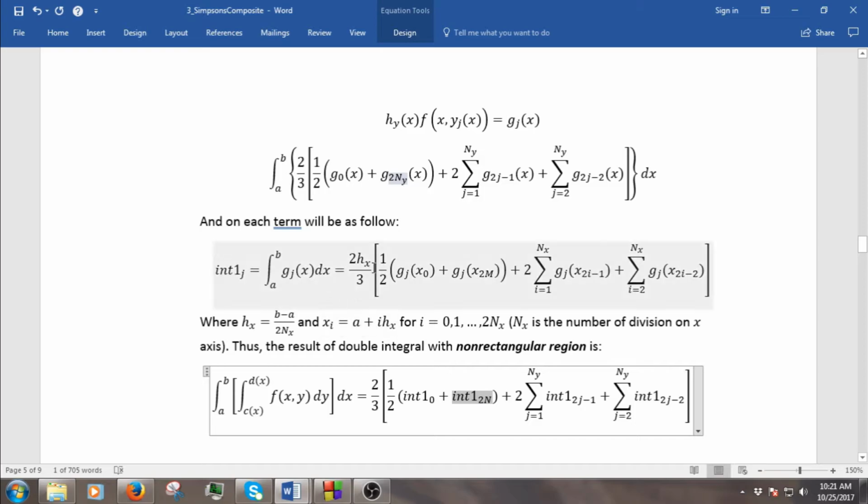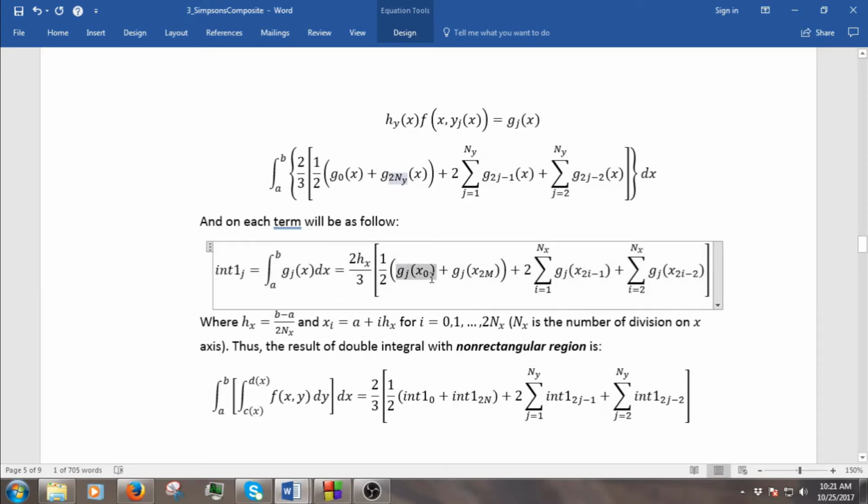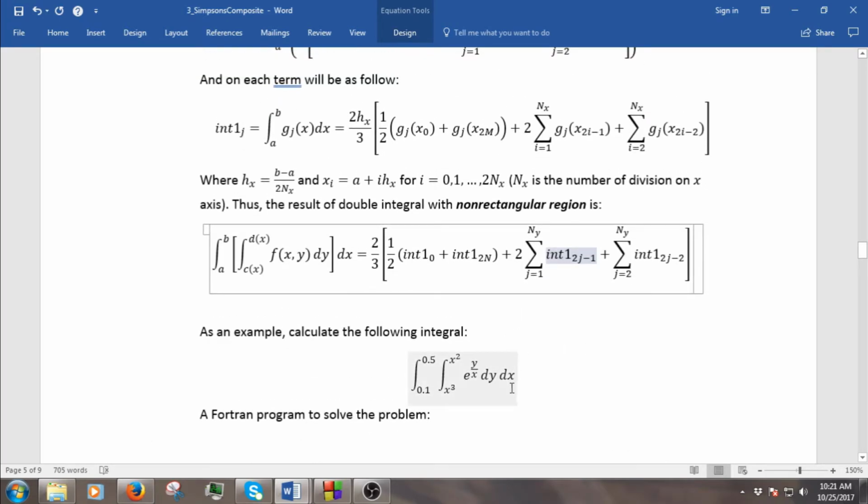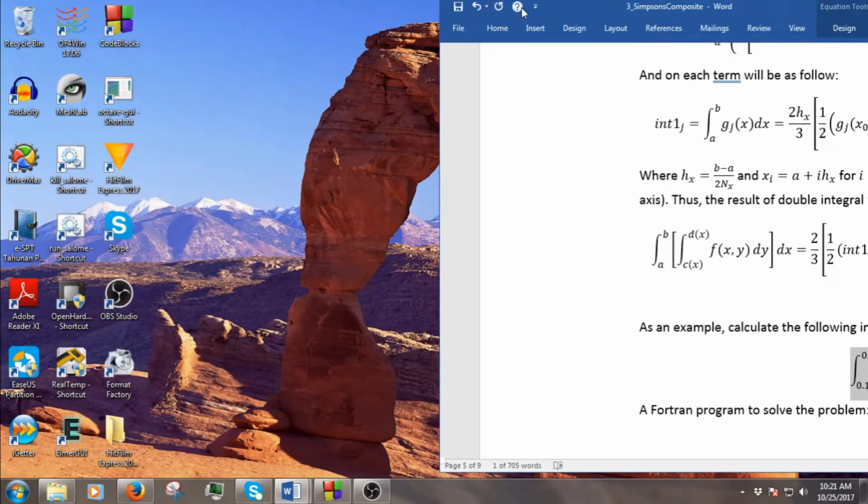But the difference is we introduce a new function here, j as a function of x, as you can see here. So as an example, we will solve this problem, and we will apply this algorithm in code in Fortran. So how do we do that?